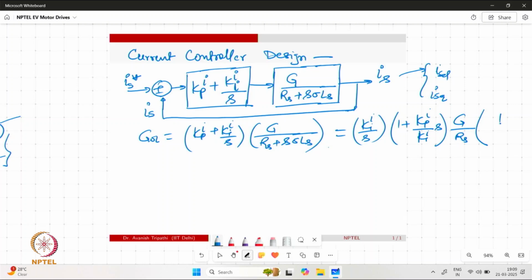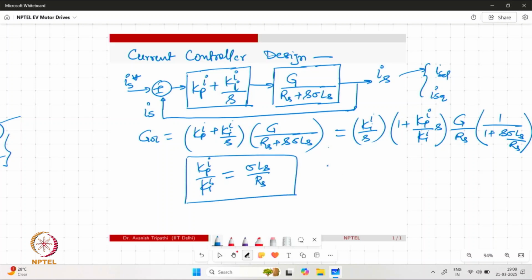By rearranging the terms, we can end up in this form where Kp by Ki can be equated to sigma Ls by Rs, and we can achieve pole zero cancellation in this condition.